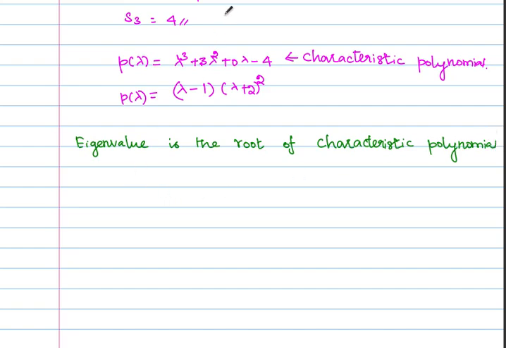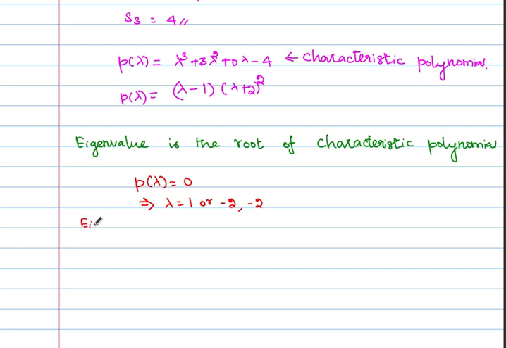So P of lambda equal to 0. This implies lambda equal to 1 or lambda equal to minus 2. But minus 2 is repeated 2 times. So these three are called the eigenvalues.